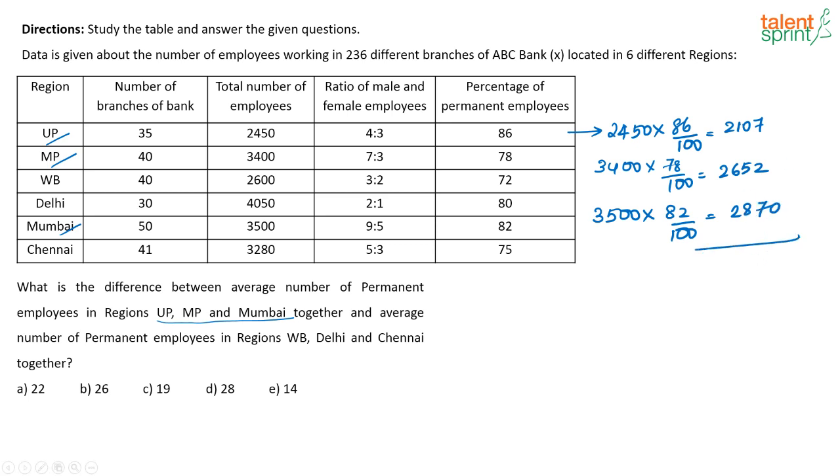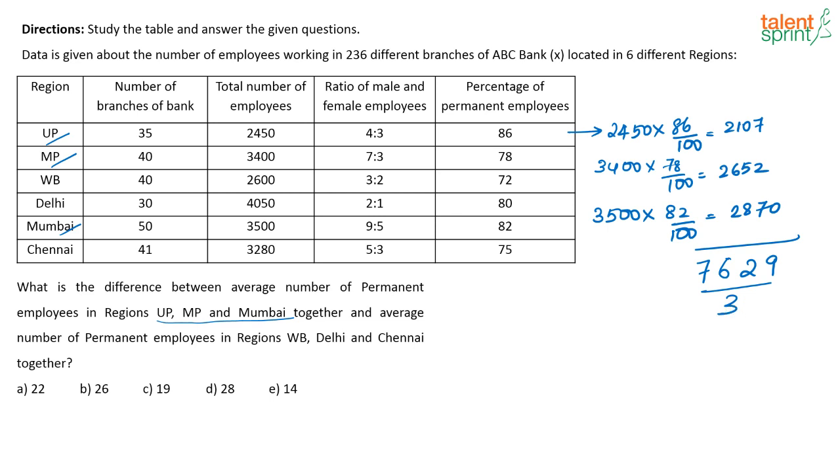When you add all these, you will get 7629. Okay, so you have 7629 and you have to find the average of this. Average means divided by 3, correct?